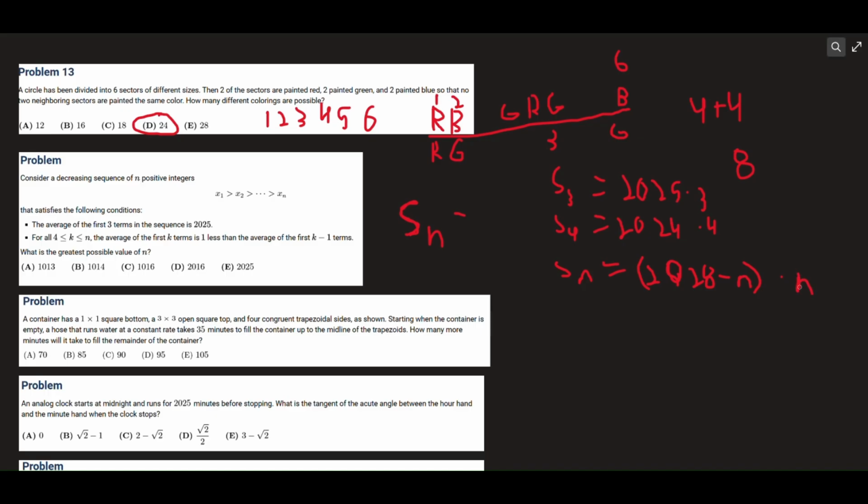And we know that this will always satisfy the conditions, as it'll be the first n terms, and the average will always be 1 less. So we can get that S of 1 is 2027.